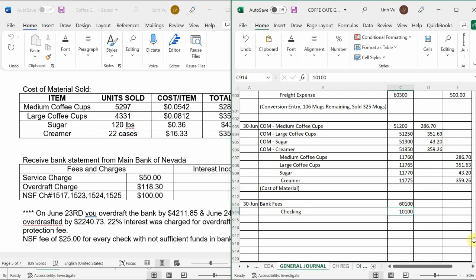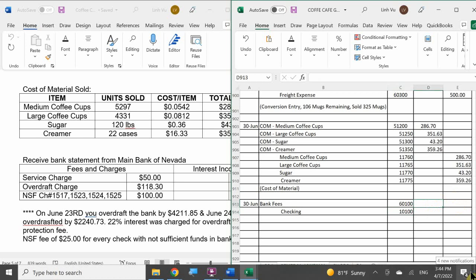So, how much in grand total of bank fees did you end up taking out of your checking account? 100 plus 118.30 plus 50, $268.30.